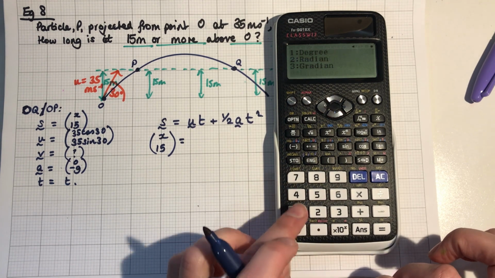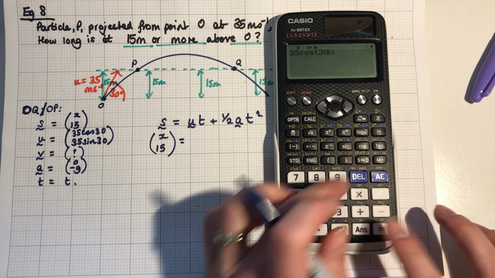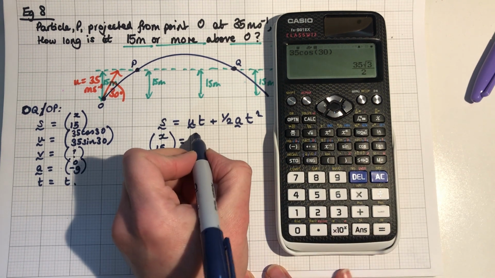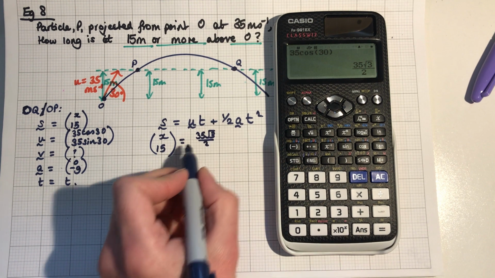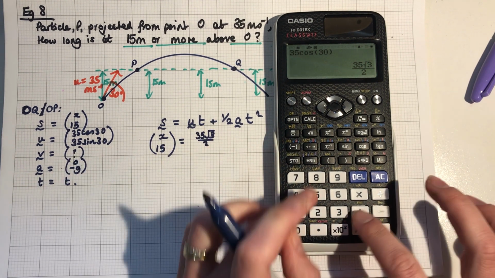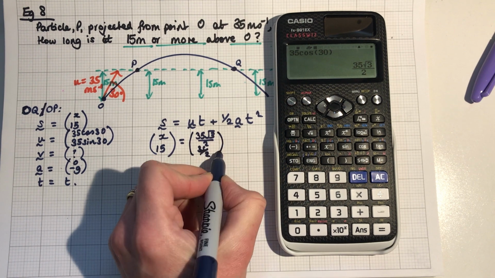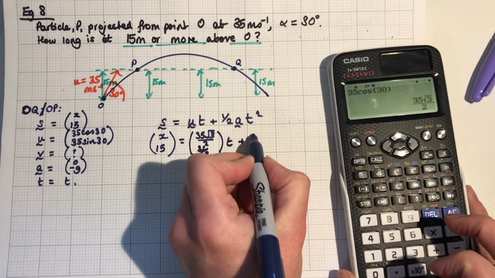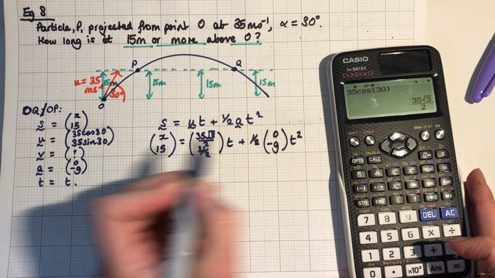Let's go to degrees. There we go, that's better. So 35 cos 30, I want it in surd form, so we'll just write it as 35 root 3 over 2. And then 35 sine 30. Sine 30 is a half, so that's just going to be 35 over 2 there. T, and then plus half times 0 minus g t squared.